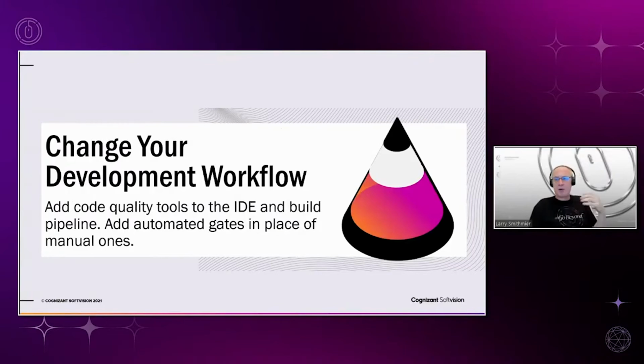The next thing is you really need to change your development workflow. So we want to start to move left with our code quality. That means that we want to include tooling to ensure that the code that we're producing is of high quality. I mentioned the continuous integration and continuous deployment, our build pipelines.